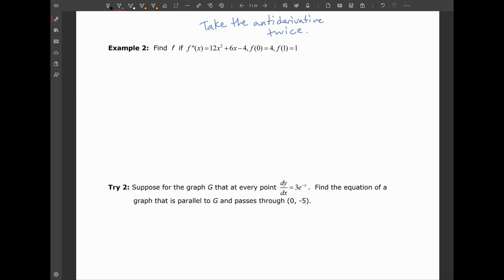So we'll start by finding f prime of x. So f prime of x is going to be the antiderivative of 12x squared plus 6x minus 4 dx, which is equal to, okay, we just work backwards.